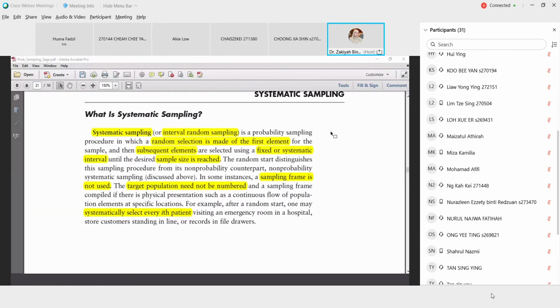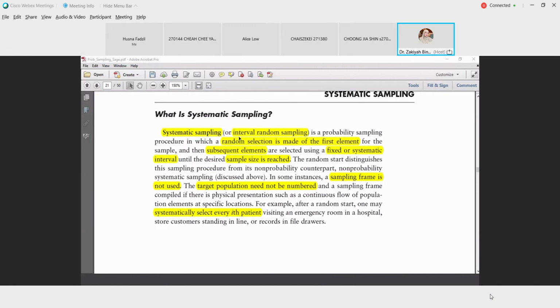So systematic sampling. I hope you have heard about this term earlier on. It's also known as interval random sampling. Why? Well, it provides some sort of random sampling and it's based on interval, right? Unlike SRS, remember? You have to number everything in your population and then generate random numbers, and then select based on those random numbers, isn't it?